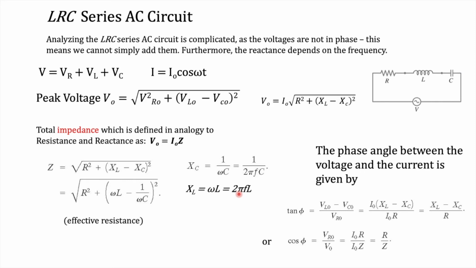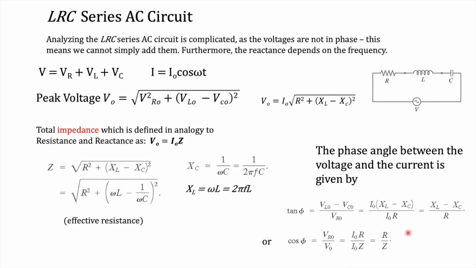And also for the phase angle calculation, in the previous slide we saw phase changes. We can use this relation here, the tangent of phi. Phi is the phase angle. You can use any of these three relations here. If you have the voltages across the inductor and capacitor, or if you have current and resistance, or if you have inductive reactance and capacitive reactance and resistance, you can use this.